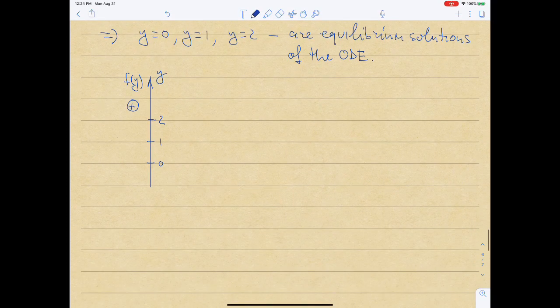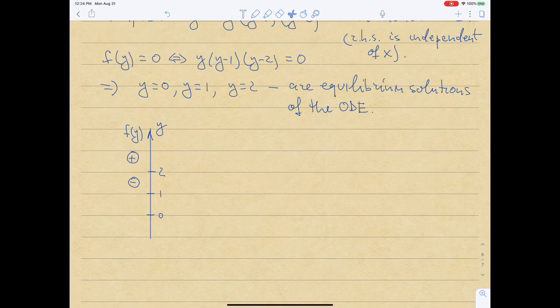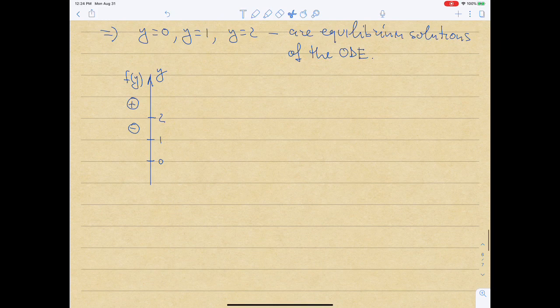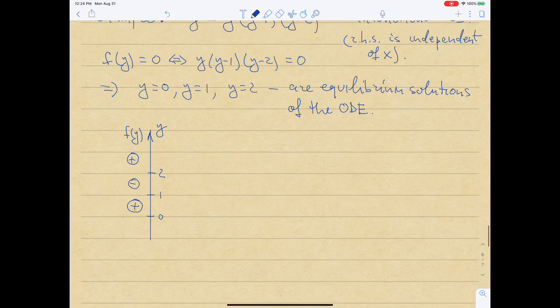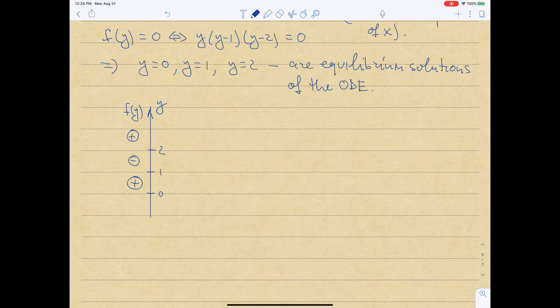So the product of 2 positive and 1 negative, f of y is negative. If y goes below 1, then I have two negative factors and 1 positive, so the product is now positive. And if we go below 0, then all three factors are negative, so f of y is negative.